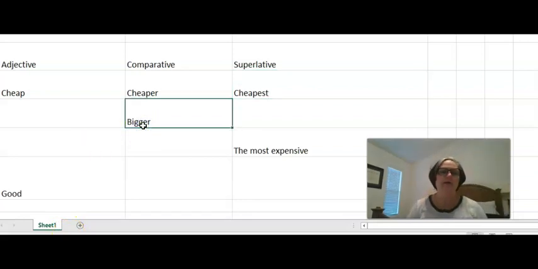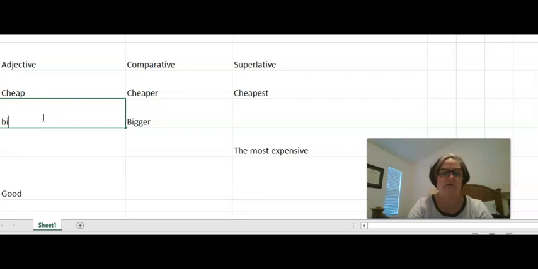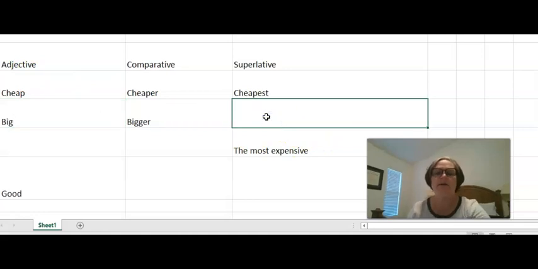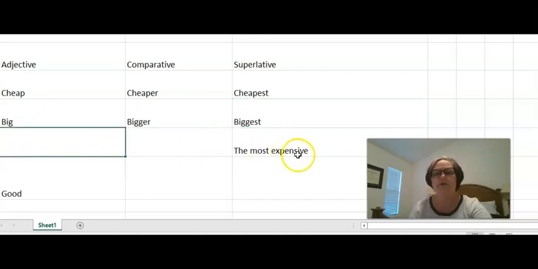So if the comparative is bigger, then the adjective we used was big. So what's bigger than big? The biggest, right? And if we're looking at the superlative being the most expensive, what would that be? This one's harder.